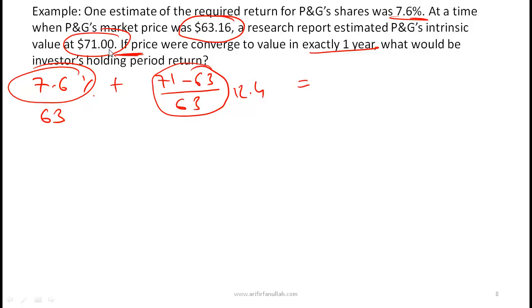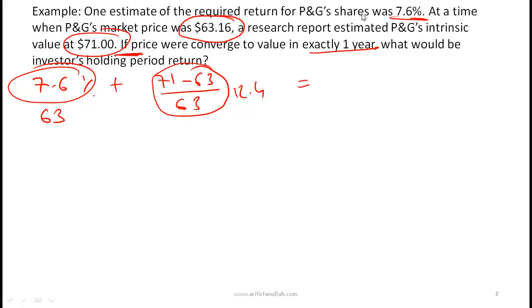I think the confusion here is this: according to the research report, the price should be 71 today. It's not saying that the price should be 71 in 1 year's time. The report is saying that this is underpriced, and the price today should be 71. So that mispricing will correct. That's this return.